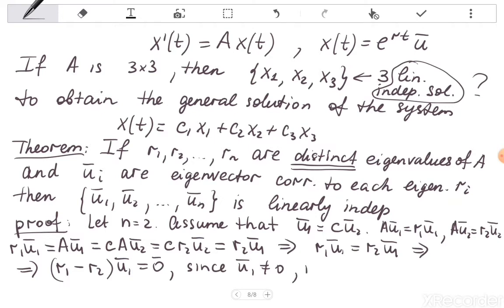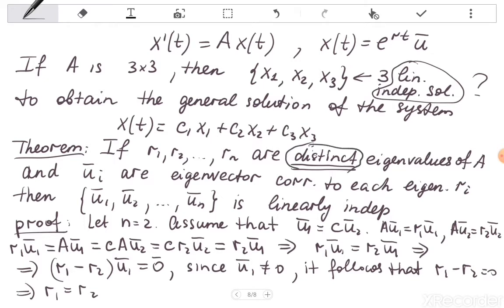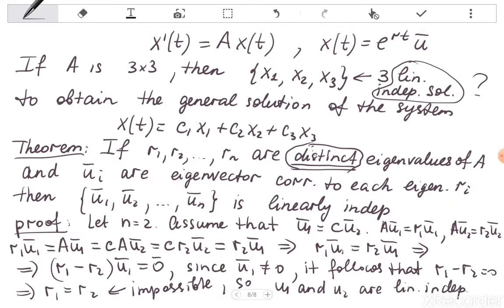It follows that this coefficient must be 0. R1 minus R2 must be 0. So R1 must be the same as R2. But we assume that the eigenvalues are distinct. So this is impossible. So u1 and u2 are linearly independent. They are linearly dependent is not possible, so they are linearly independent.